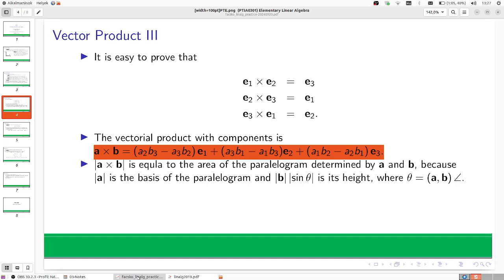That's the area, the surface of the parallelogram. So we need the length.